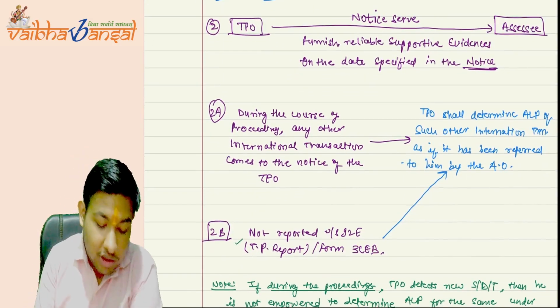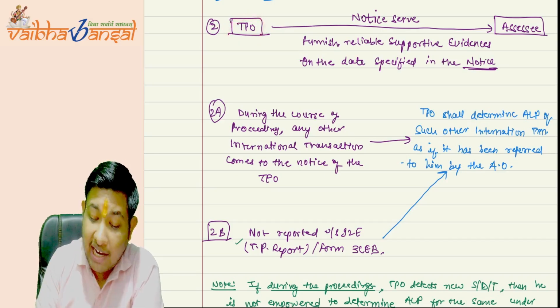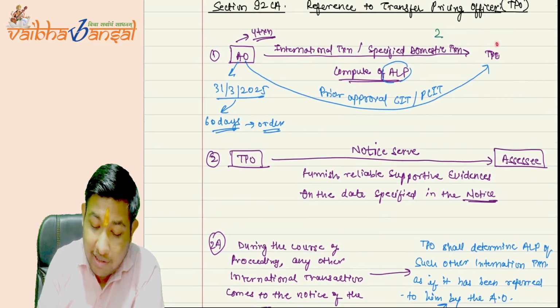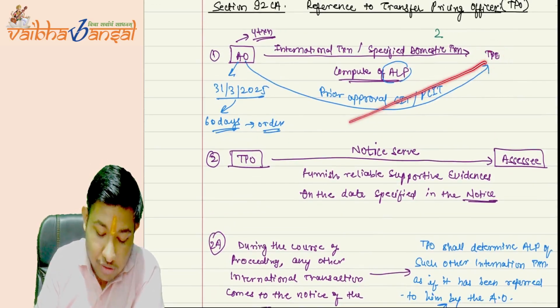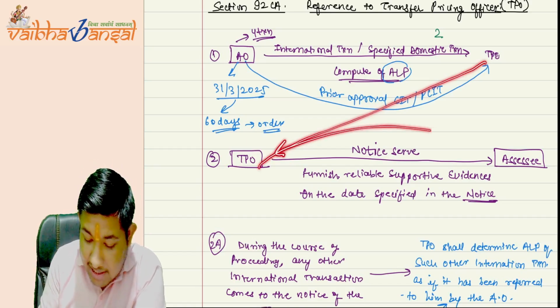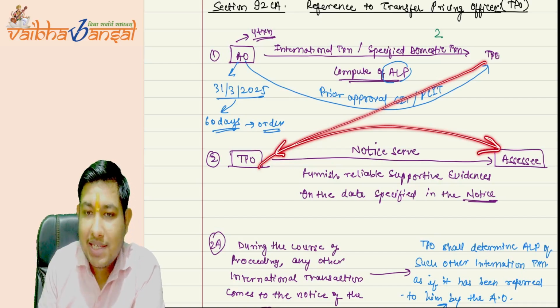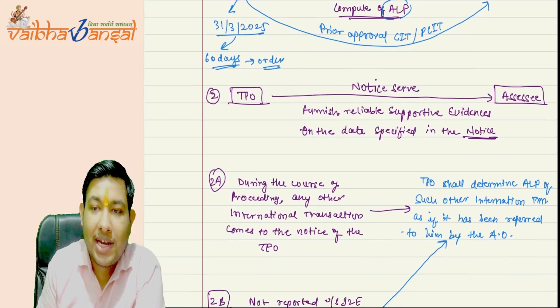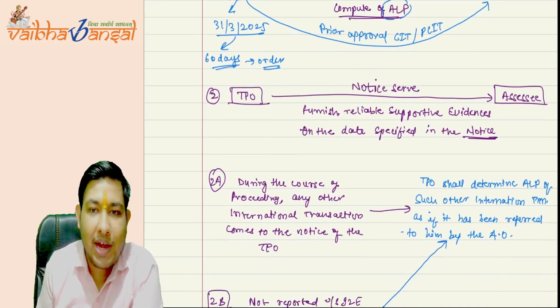Now, for the TPO and for the assessee. After the case is given to the TPO, the TPO comes into the picture. The TPO will send a notice to the assessee saying: I require some supporting evidence within this specified date.